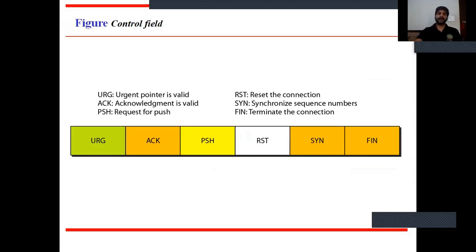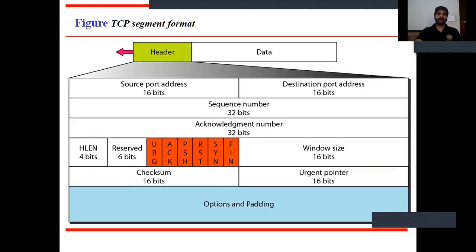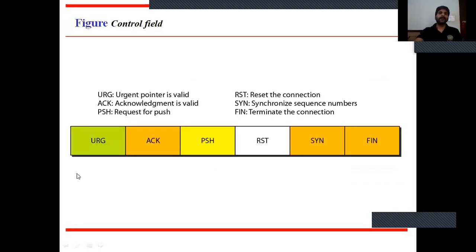First is the control field. Let us explain the control field. The control field contains the following flags: URG means the urgent pointer is valid. ACK means the acknowledgement is valid. PSH requests a push. RST resets the connection. SYN synchronizes sequence numbers. FIN terminates the connection.